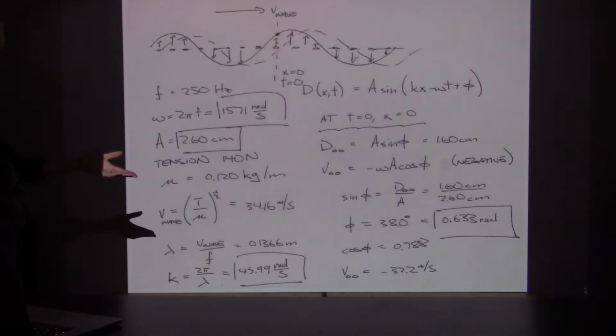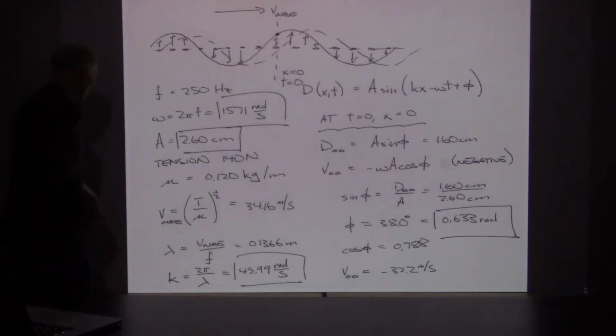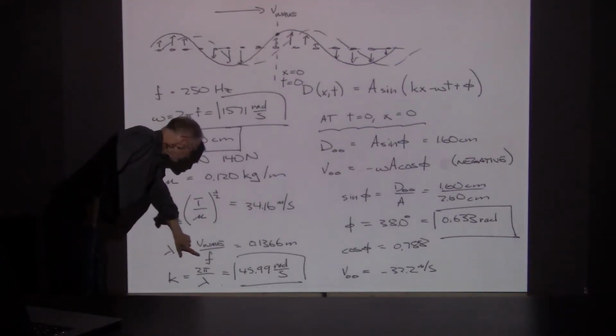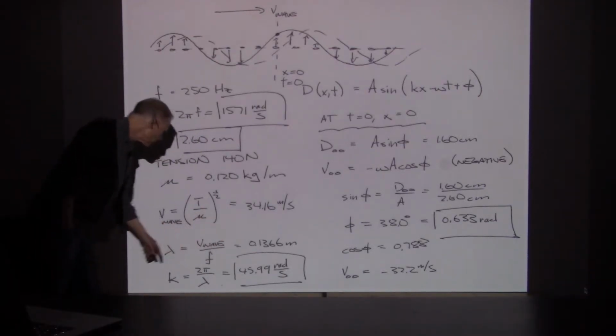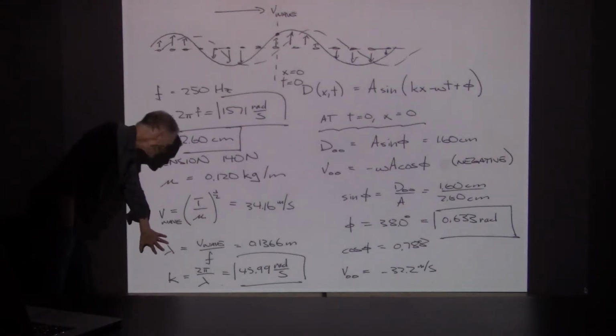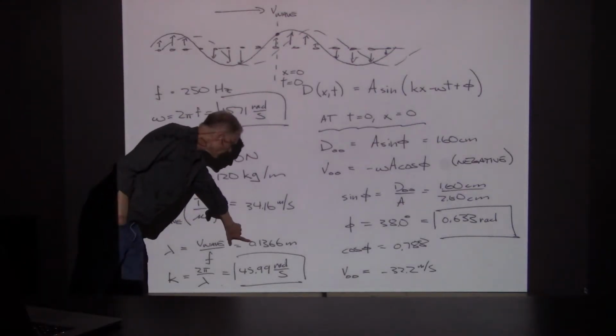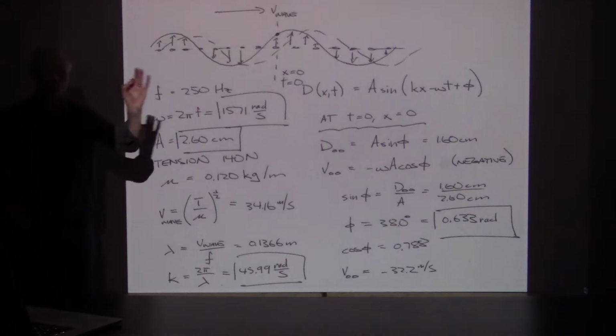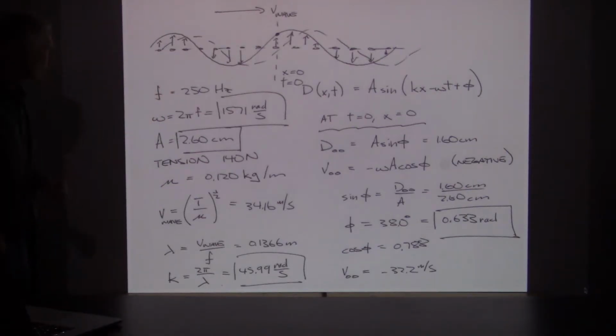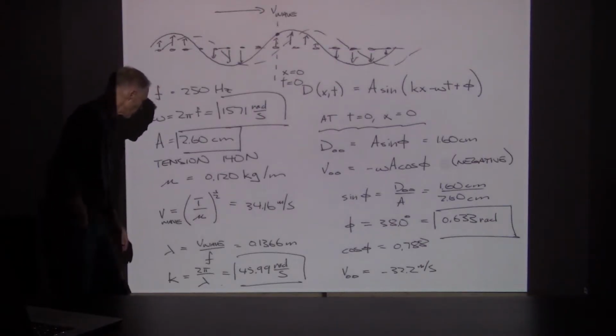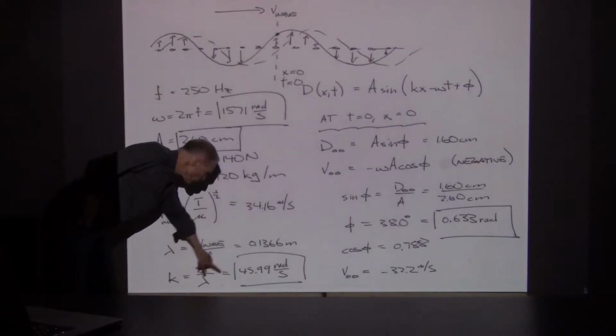Then remember that the wavelength, the frequency, and the speed of the wave are related by this formula, and I can use that to calculate a wavelength. The wavelength here, the distance from one crest to the next, is 0.1366 meters, and then finally, to get the wave number, 2 pi over the wavelength.